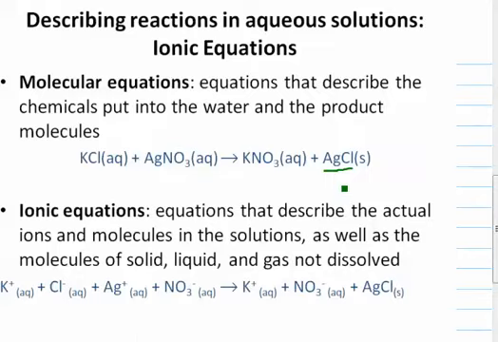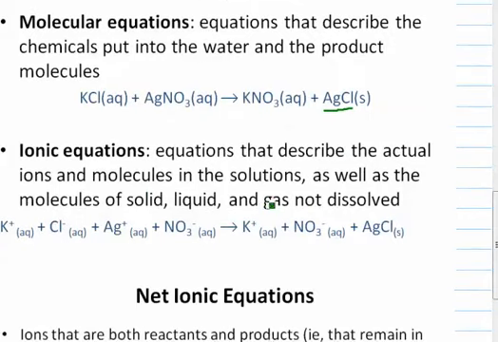Now, to get to this prediction, it is often again helpful for us to write out the ionic representation of our reactants and then to imagine what possible products they could form. Okay, and then using our rules, we would be able to predict that this silver chloride is in fact our precipitate in this particular reaction.